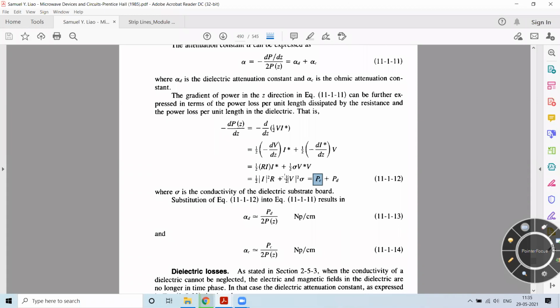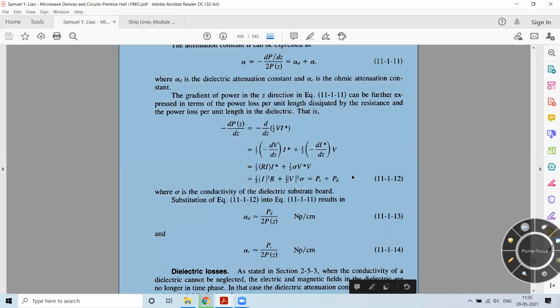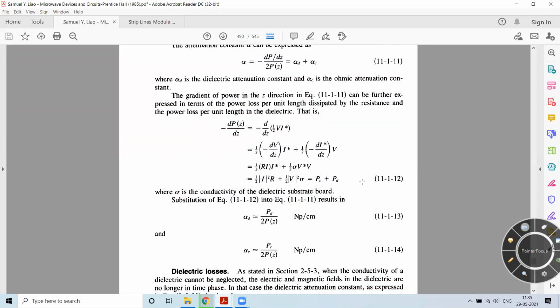And the next parameter is the power due to the dielectric material which is being used. So this differentiation leads to Pc plus Pd, the sum of the two power components associated with the conducting strip line and the dielectric material.